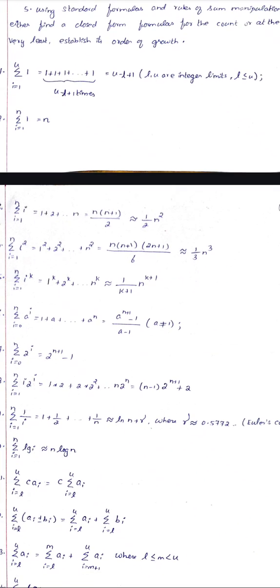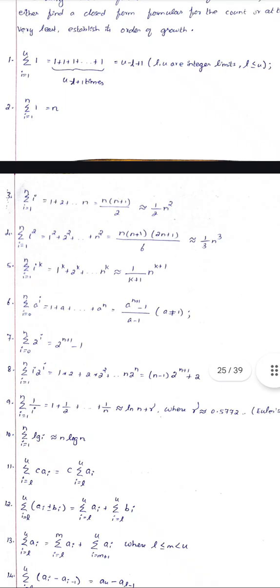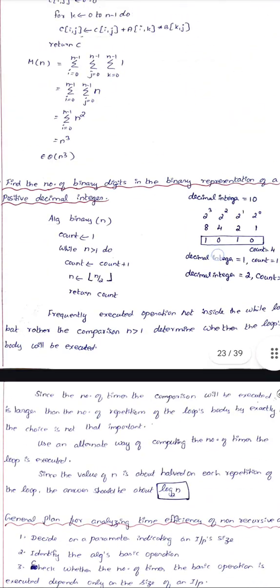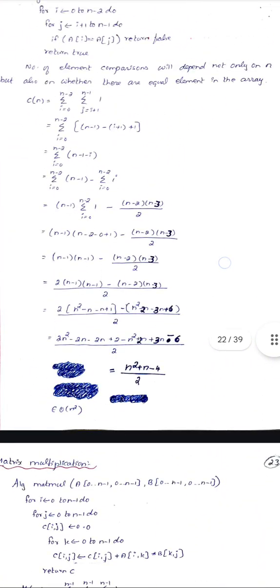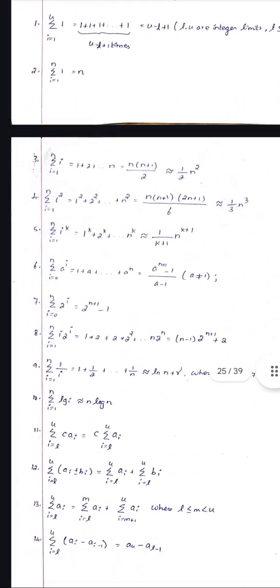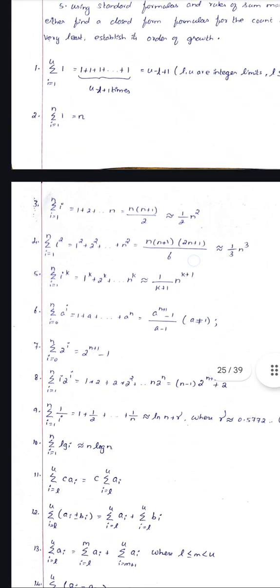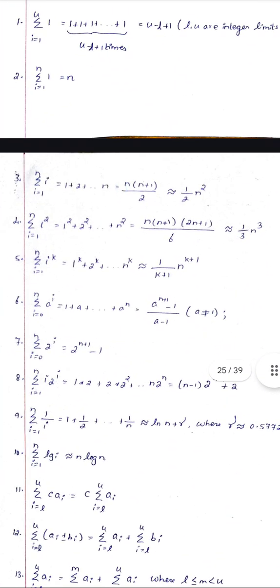It will be n into n plus 1 by 2, half n square, 1 by 3 n cube. Oh yes, that is why we have got 1 by 2 in this n minus 3 n minus 2 by 2. We have used this formula.